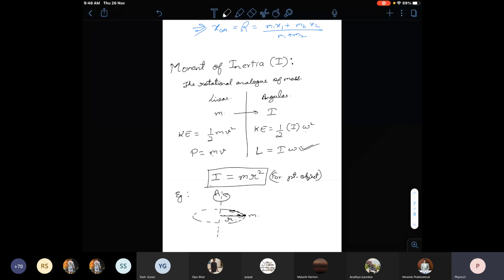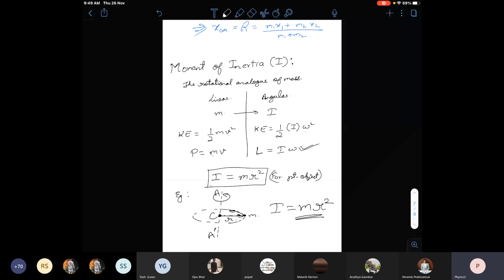You can see that this a dash is the axis. This c is the center, and about this axis only it is rotating. If you revolve a dash, the mass will start moving itself. So if the mass is moving about a fixed axis at a particular distance, then the moment of inertia of this mass will be m r square.